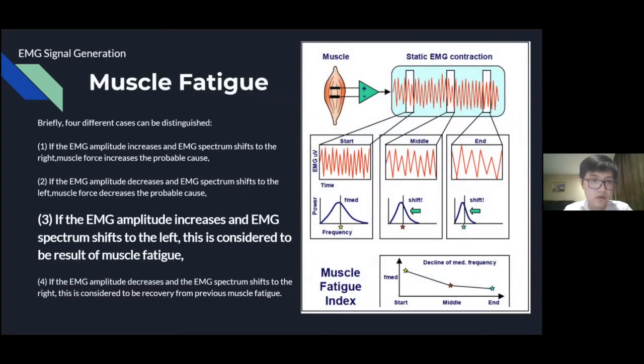So there are 4 different cases that can be distinguished from muscle fatigue, and in our project, we only focus on number 3 here: the EMG amplitude increases and the spectrum shifts to the left.